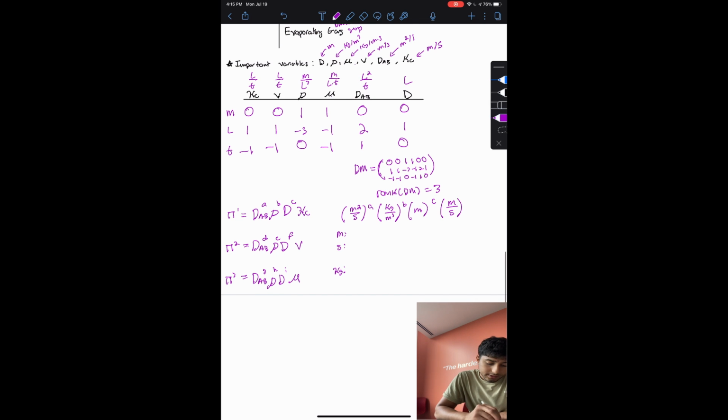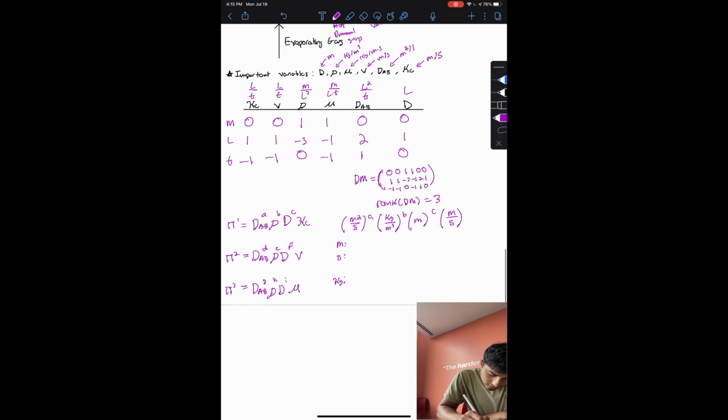So we need to find what the exponents are. So we're going to make these dimensional groups. So, meters squared per second.